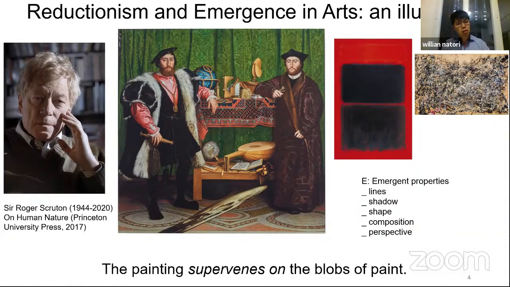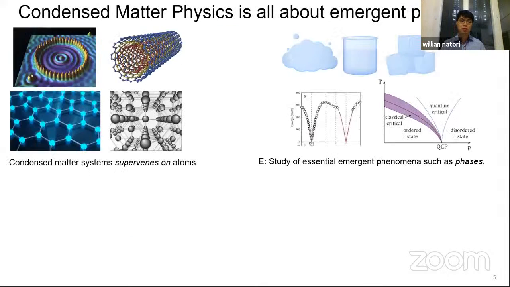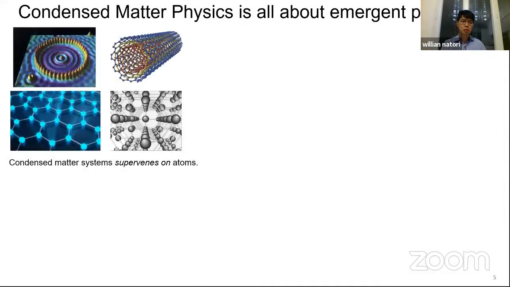Now, this is actually a similar relation to what we see in condensed matter physics when we think about condensed matter systems in relation to the atoms that compose them. So condensed matter systems always supervene on atoms.